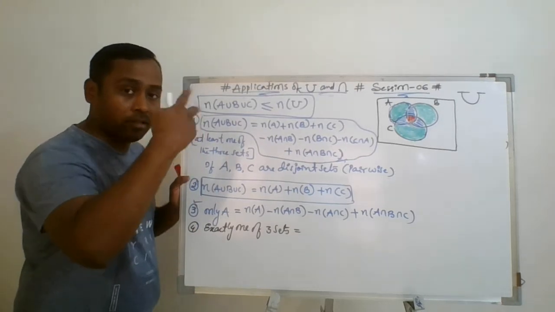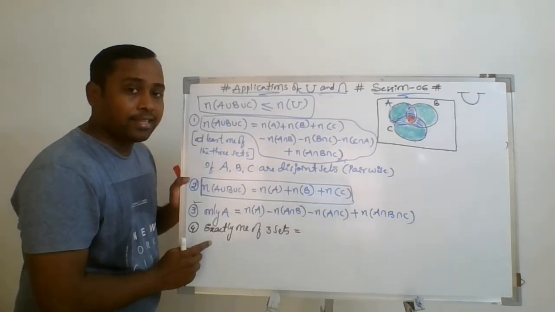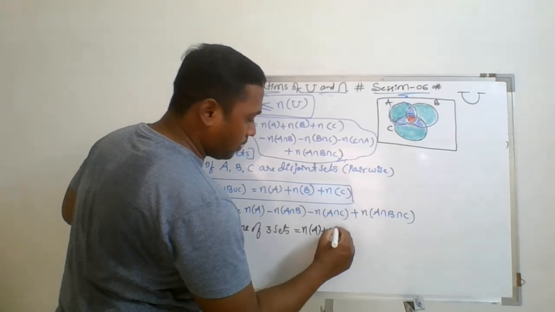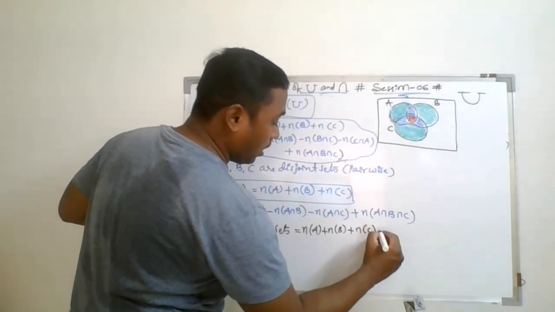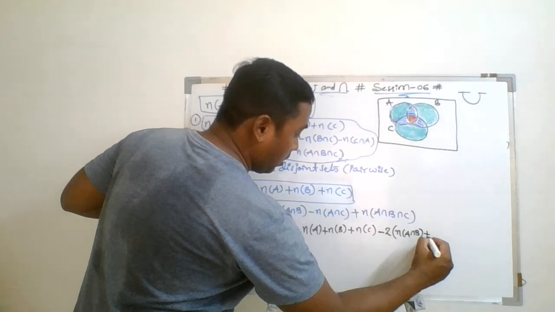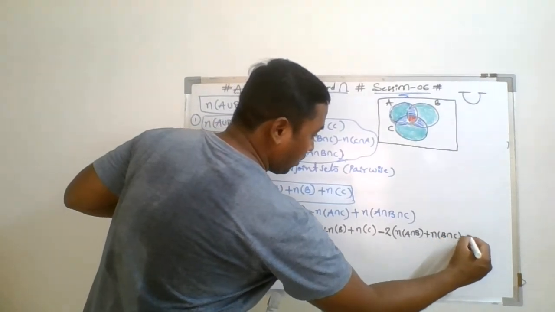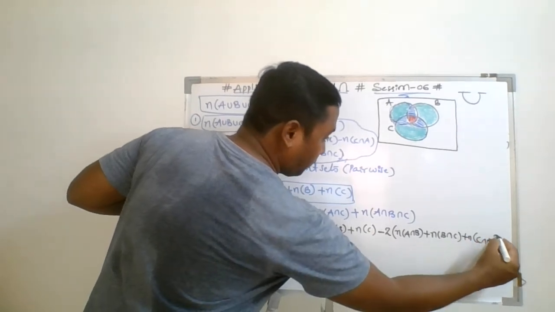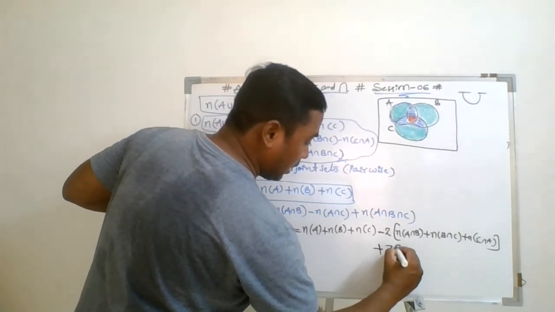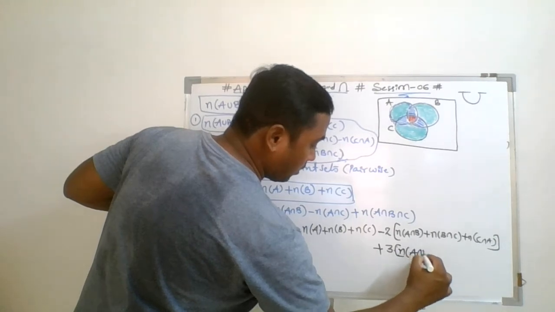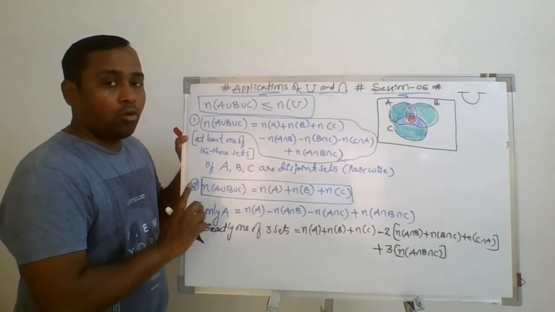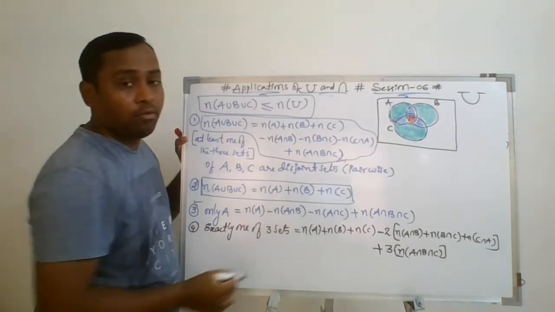Now by simply adding those 3 formulas, you will be able to get exactly 1 out of 3 sets, that is simply given by number of A plus number of B plus number of C minus 2 times of number of A intersection B plus number of B intersection C plus number of C intersection A plus 3 times of number of A intersection B intersection C. This formula gives exactly 1 out of 3 sets. It means only the green area.